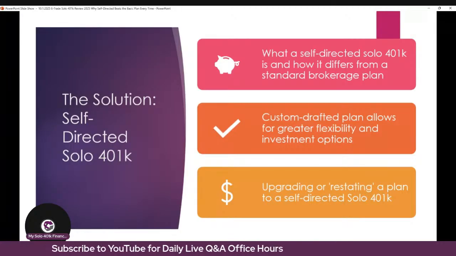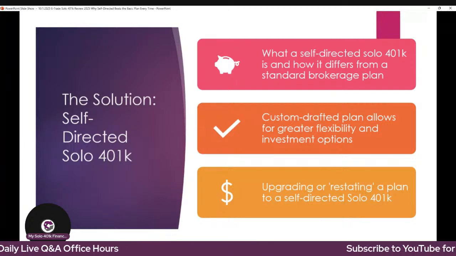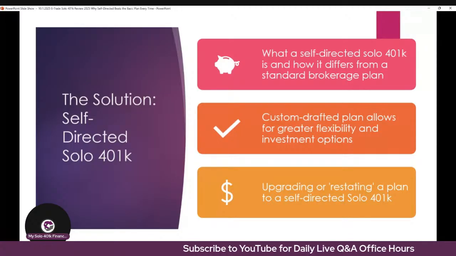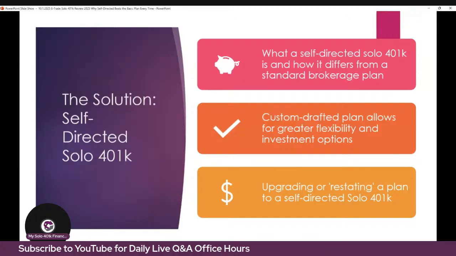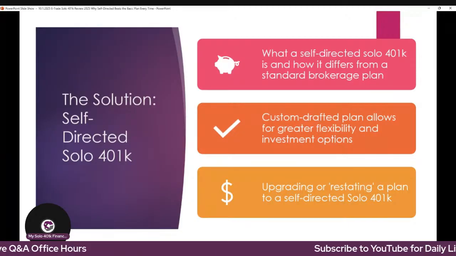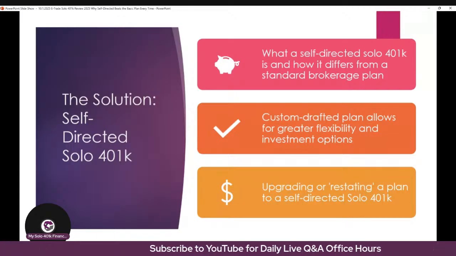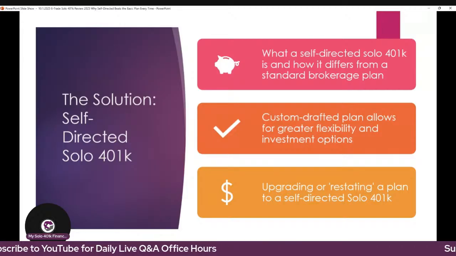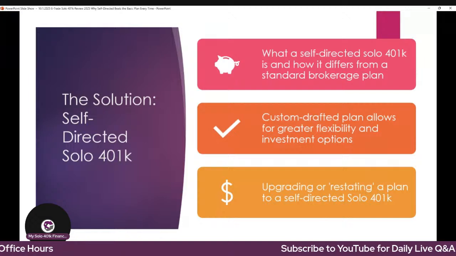Because even if you want to continue to have your investments at E-Trade, it'll still need to be new accounts at E-Trade, because from E-Trade's perspective, those existing accounts that pertain to your basic E-Trade Solo 401k plan are governed by E-Trade's basic Solo 401k plan documents. So you need new accounts, which again, E-Trade supports, that are governed by our plan documents, and then transfer the cash and assets over from the pre-existing accounts to the new accounts.